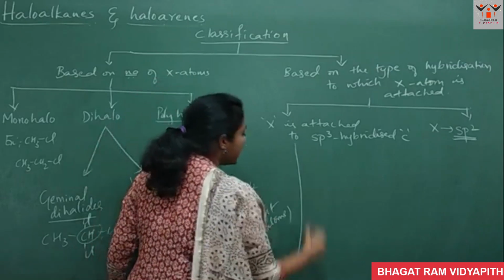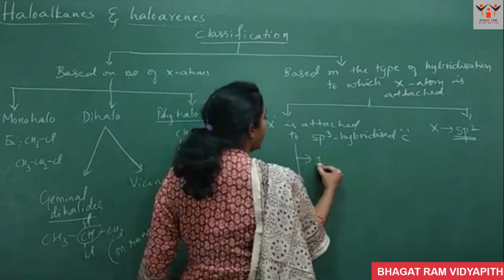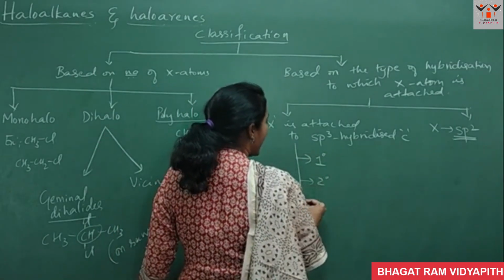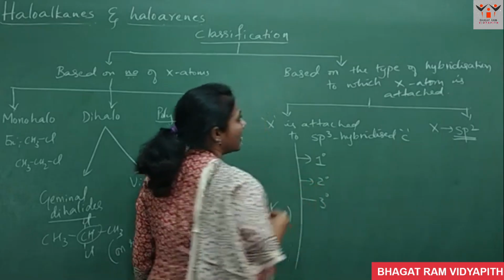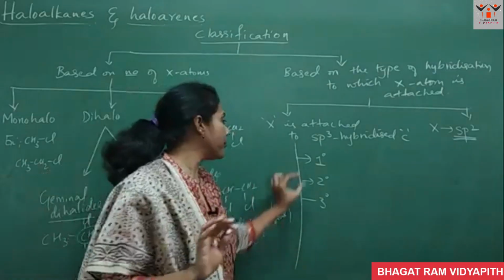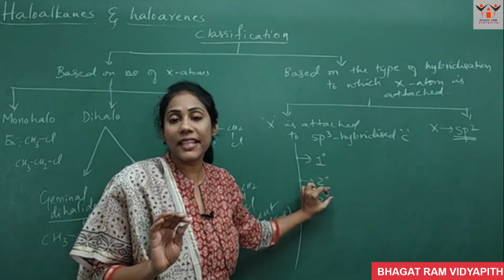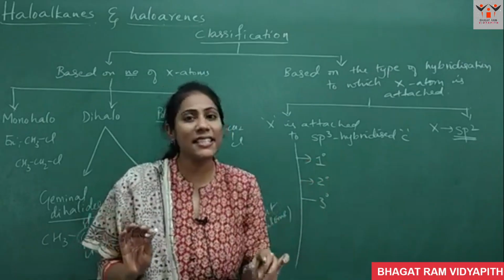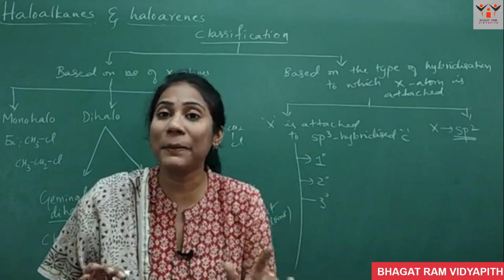Under this category you will have primary haloalkanes, secondary haloalkanes and tertiary haloalkanes. I hope you are all well aware of the terms primary, secondary, tertiary, right? Primary haloalkane in the sense X is attached to primary carbon.